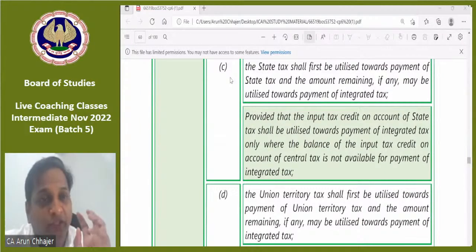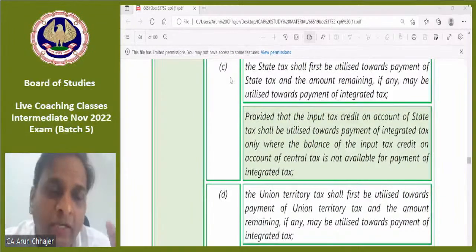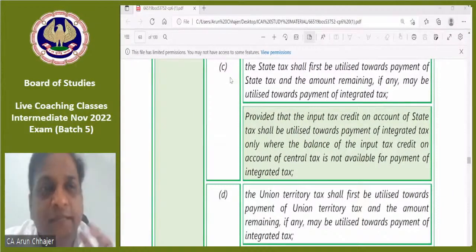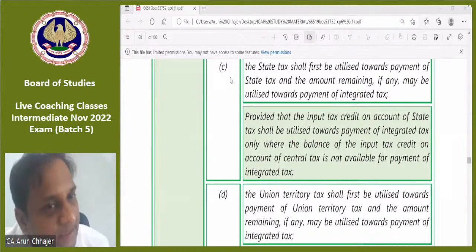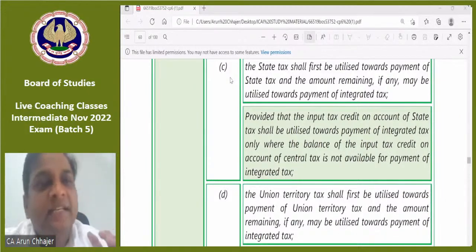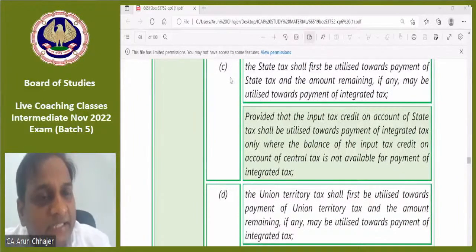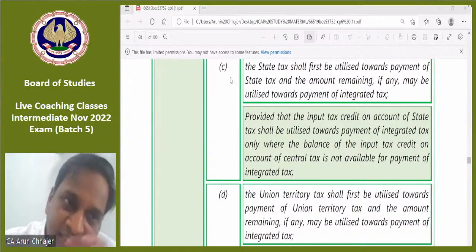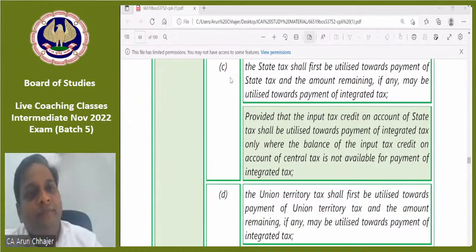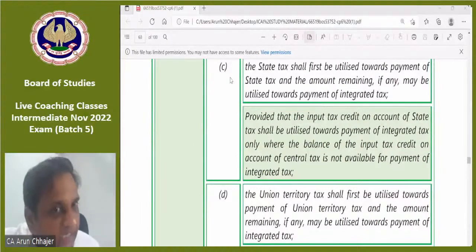Listen to my question carefully. I need some amount. He has taken IGST ITC, fine, still he needs some amount. Say the tax liability under IGST is 10,000 and the ITC under IGST is 4,000. So the 4,000 has been entirely taken.